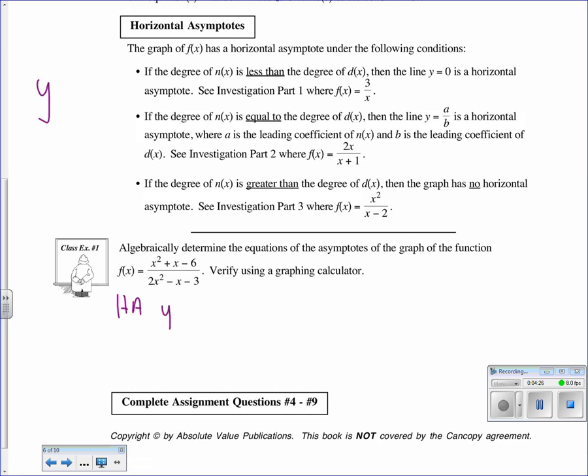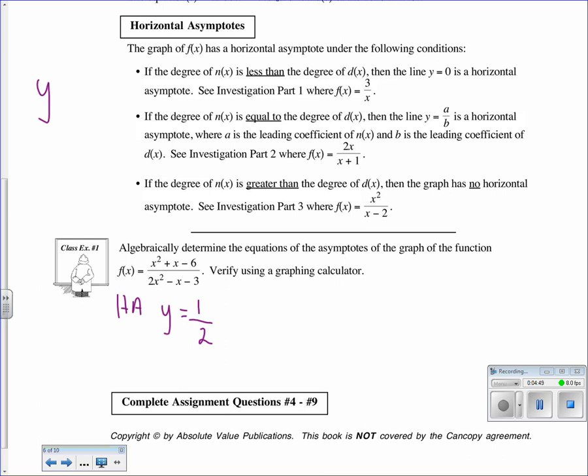And the suggestion is that it will be the coefficient of the numerator, the highest degree, the leading term of the numerator, and the leading term of the denominator, the highest degree. The reason this happens is that the x squared term in both cases actually predominates or overpowers the rest of the statement.